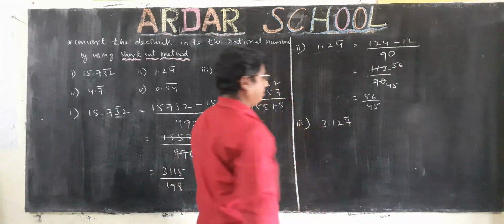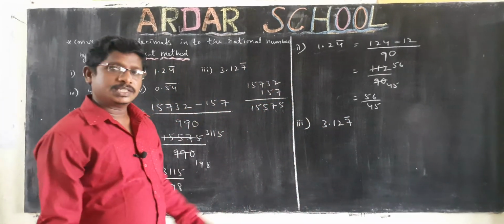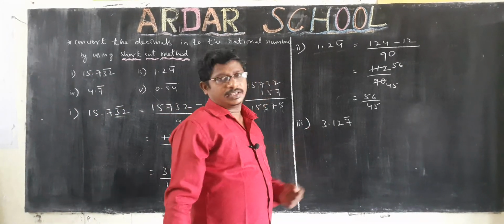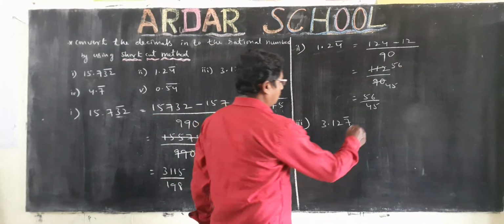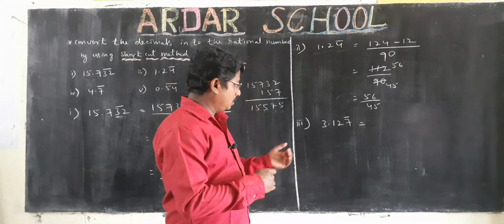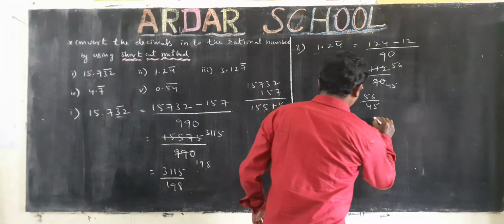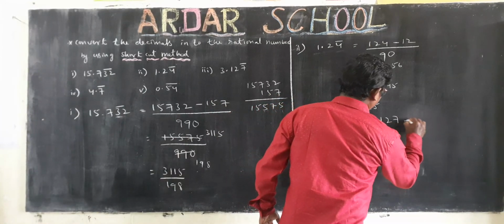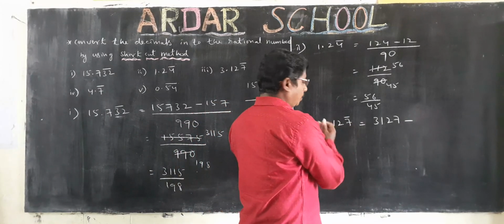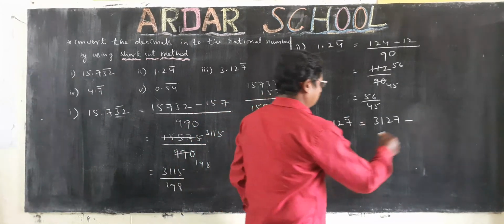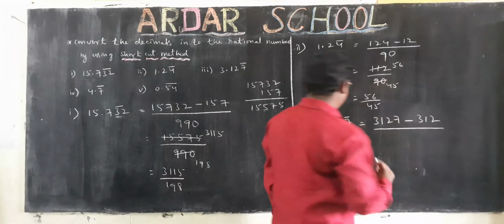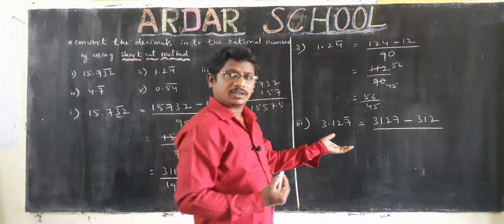Next, the third one, 3.127 bar only. This is a non-terminating mixed recurring decimal. First of all, write the total number, removing the decimal point and bar: 3127 minus, then write the number before the recurring part, 312, by, what is the periodicity here? 1.